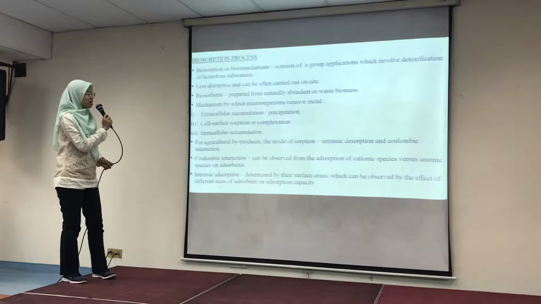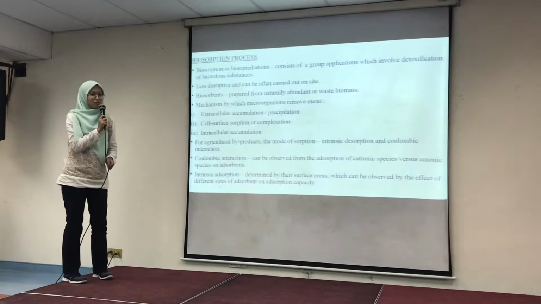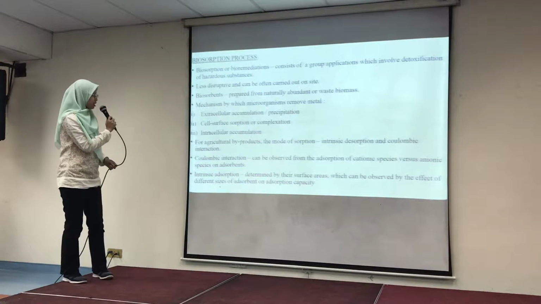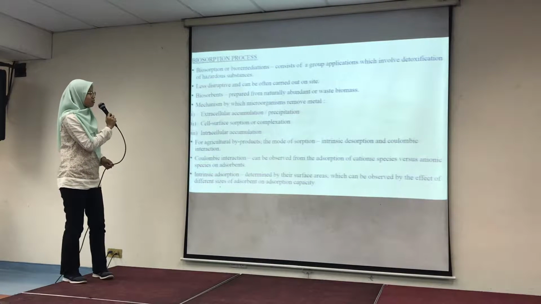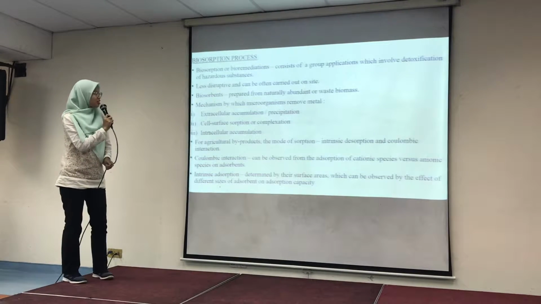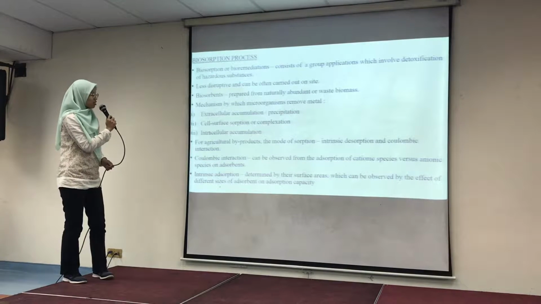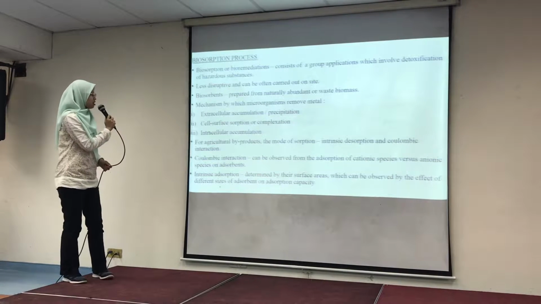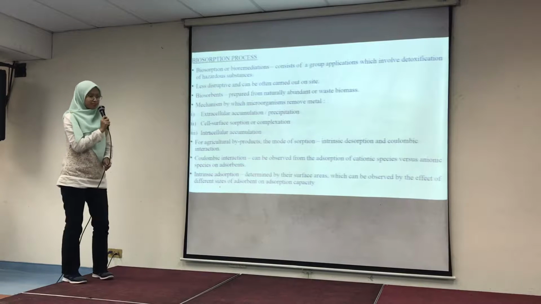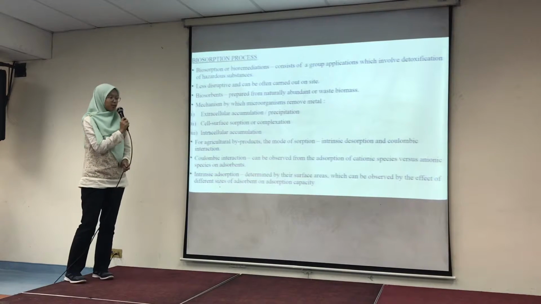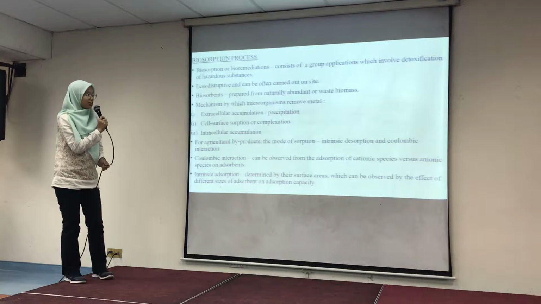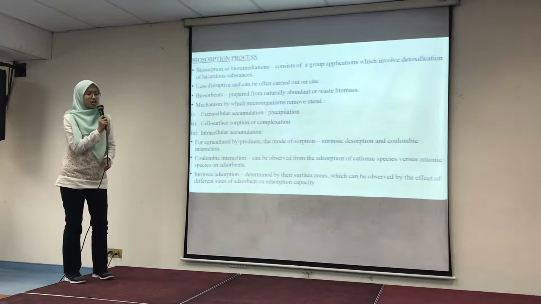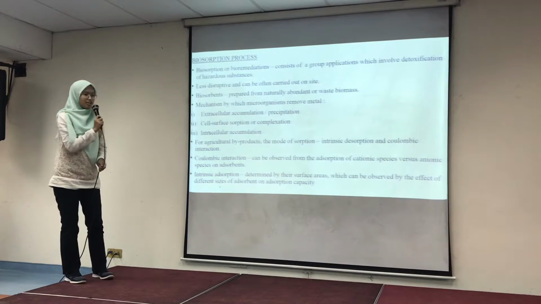The mechanisms by which organisms remove metal are three: extracellular accumulation or precipitation, cell surface sorption or complexation, and intracellular accumulation. For agricultural byproducts, there are two modes of sorption, which are intrinsic sorption and Coulombic interaction.